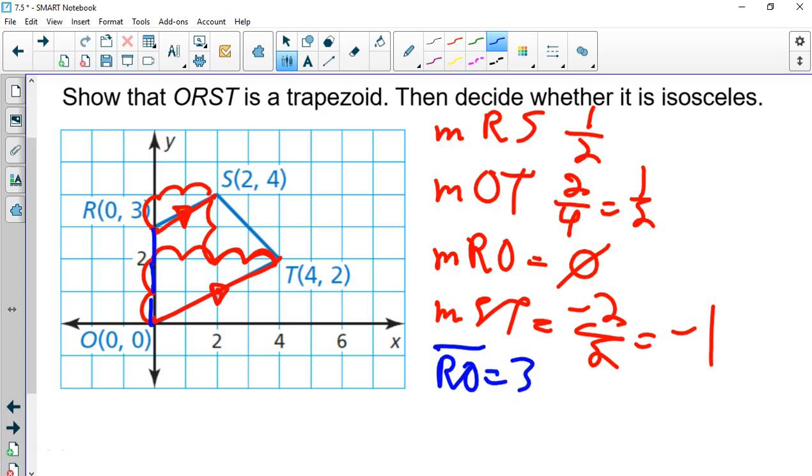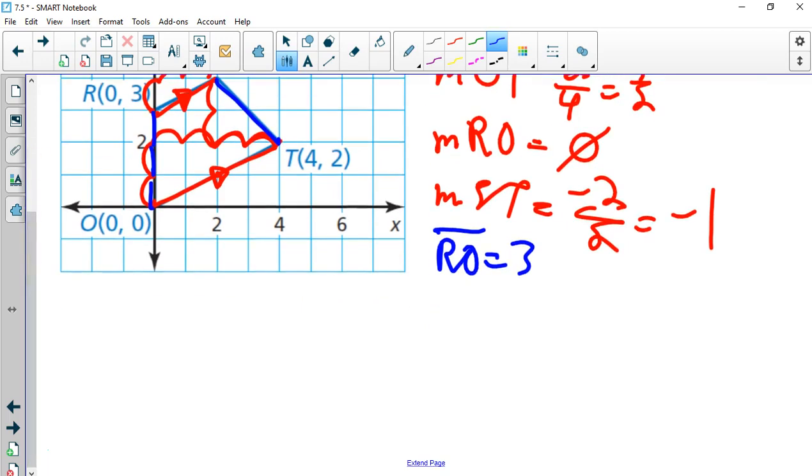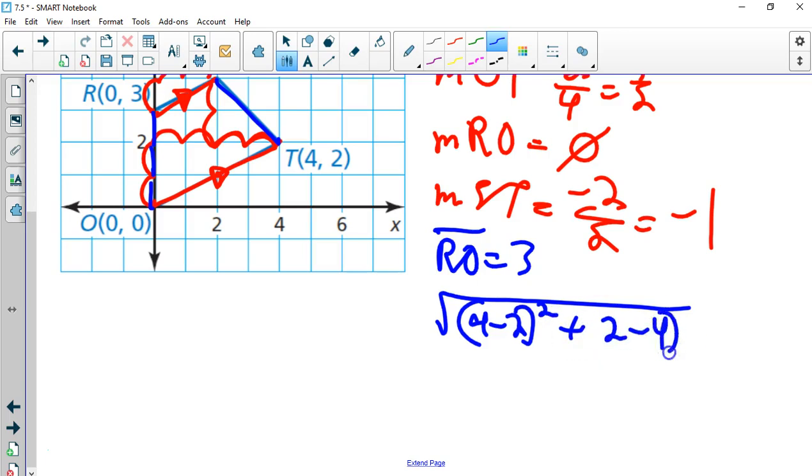Now we just have to do the measurement of ST right here. And we have to use the distance formula for that. But we're going to be doing that a lot, so you're going to be used to it. So we're going to do 4 minus 2 squared plus 2 minus 4 squared. Okay? And that's going to give us the square root of 8.